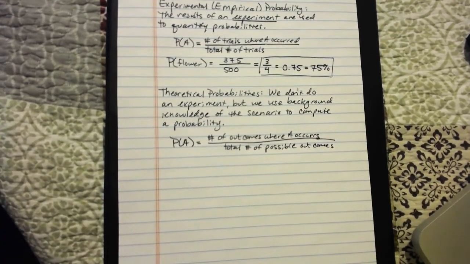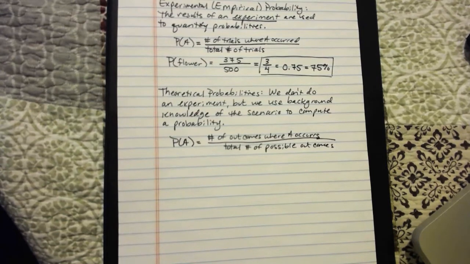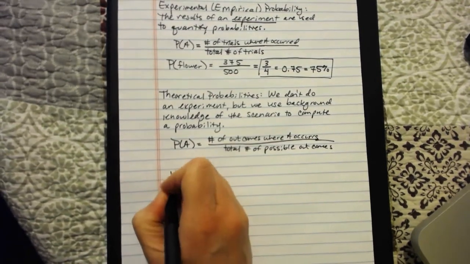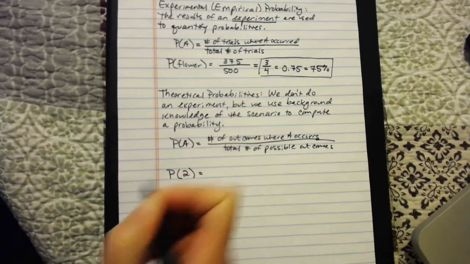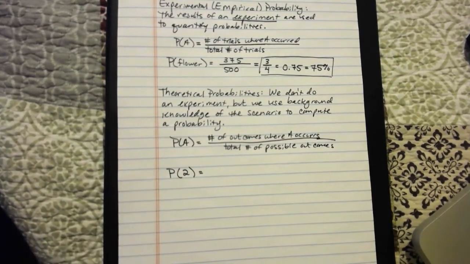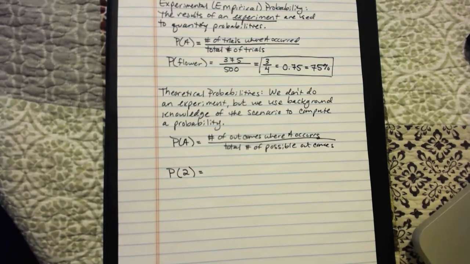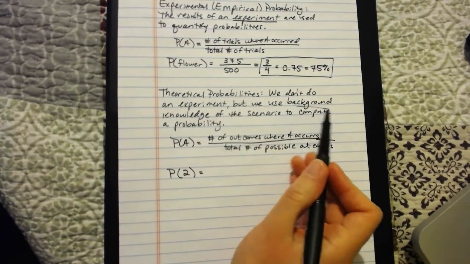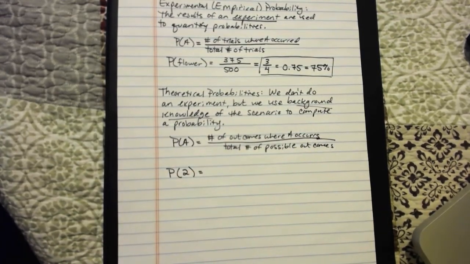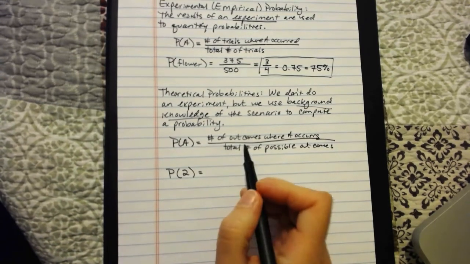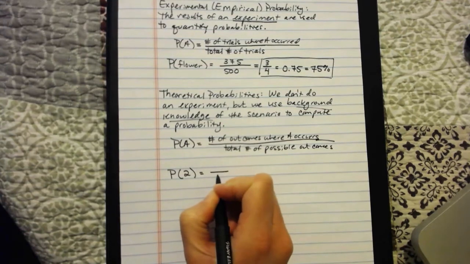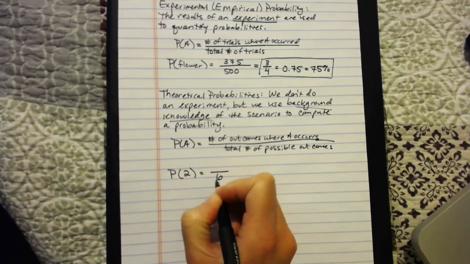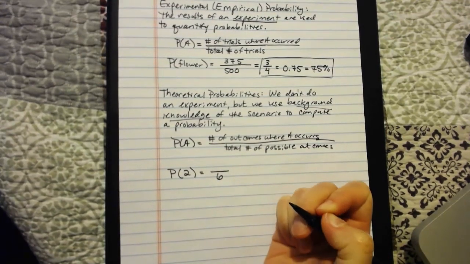So for example, if I'm thinking about rolling a standard 6-sided die, and I want to know what's the probability that I'm going to roll a 2, I don't actually have to do an experiment to figure this out. I could, but I have enough background knowledge that I don't need to resort to an experiment. I know that the total number of possible outcomes on a 6-sided die, there's 6 faces and they're all different, so there's 6 possible outcomes.